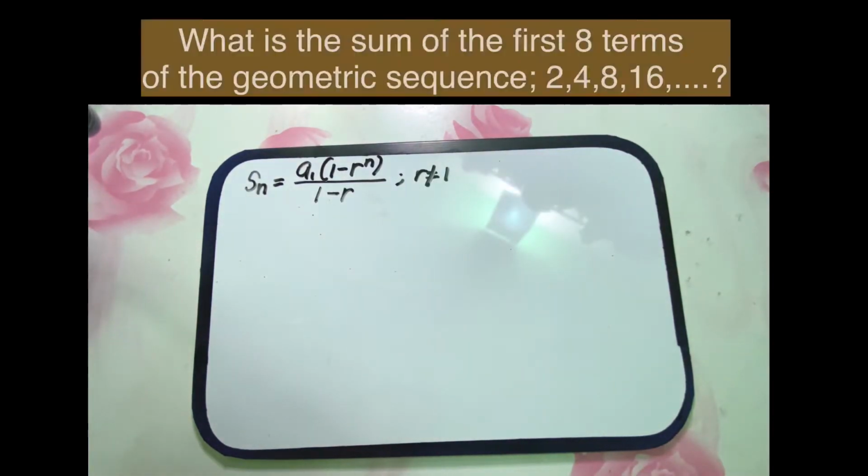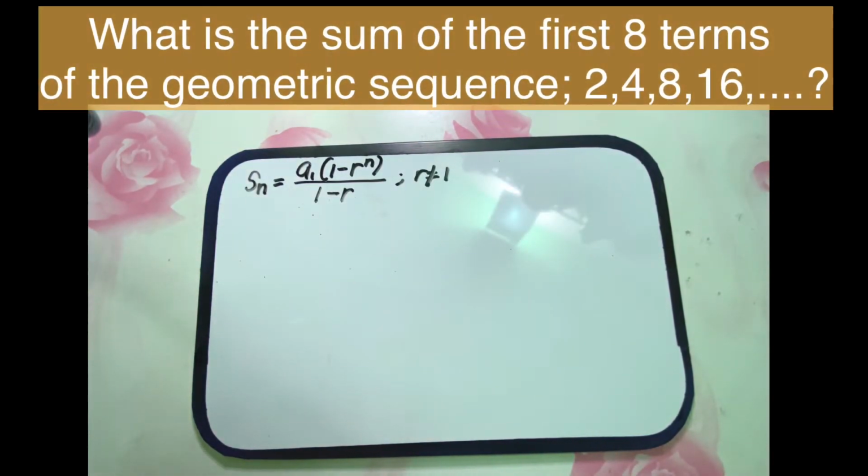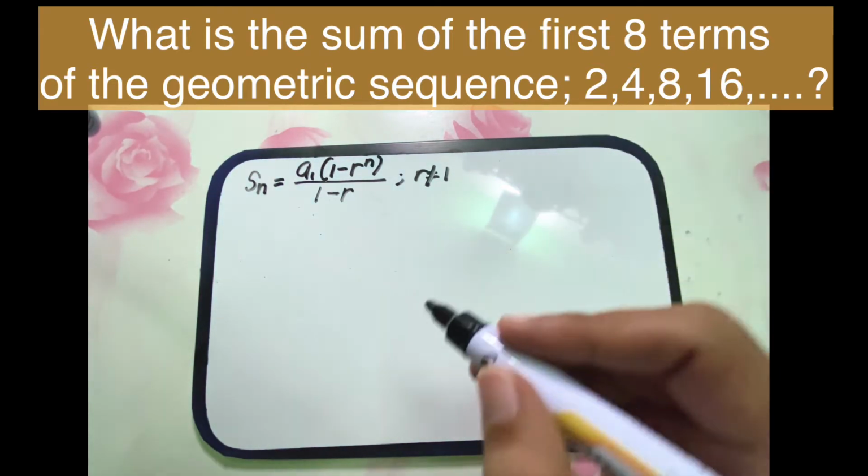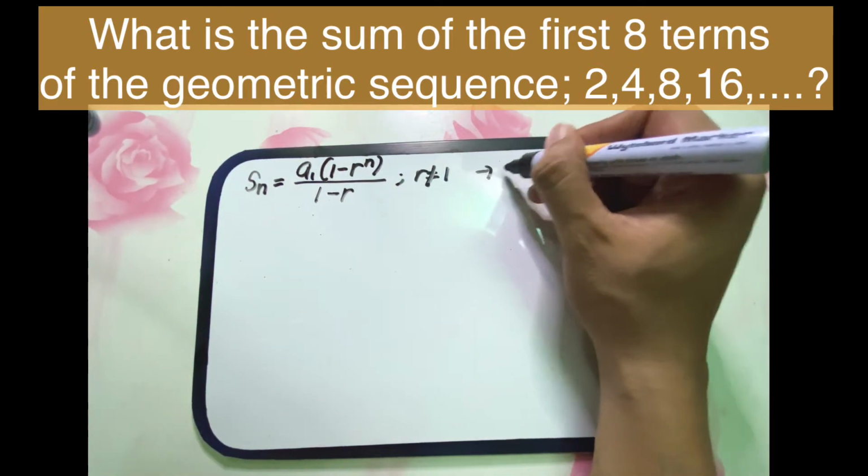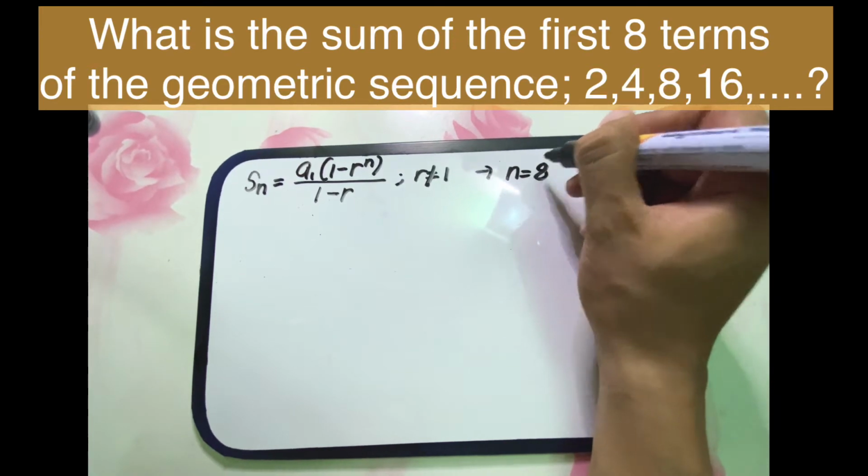We can use this formula if the ratio is not equal to 1. For example, what is the sum of the first 8 terms of the geometric sequence 2, 4, 8, 16, and so on? Based on the problem, we need to find the sum of the first 8 terms, so n is 8.